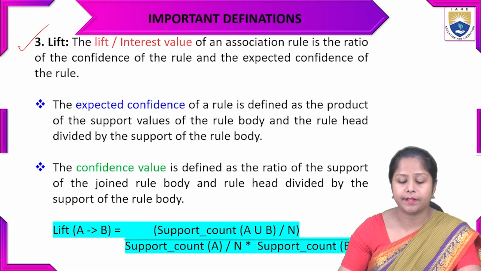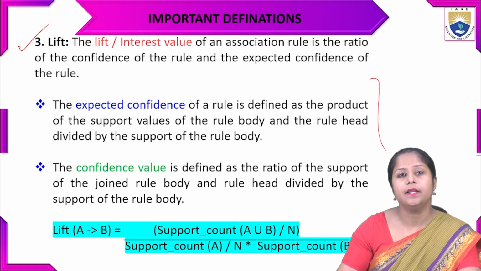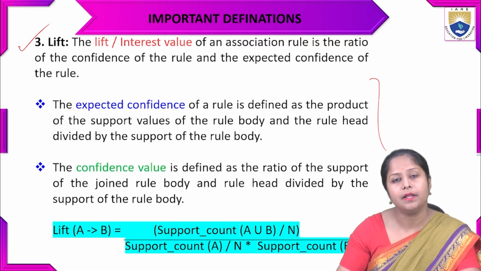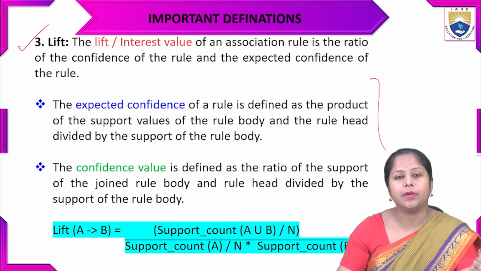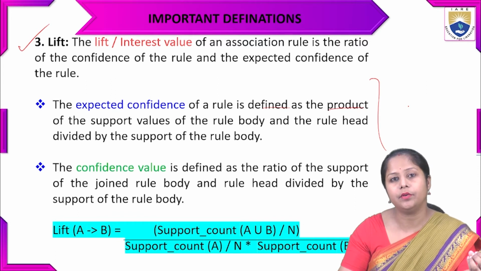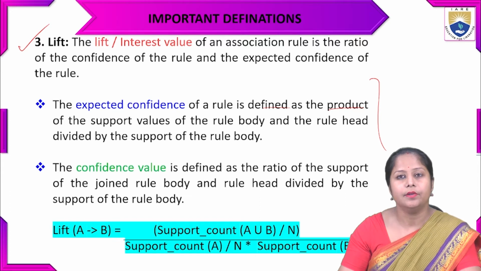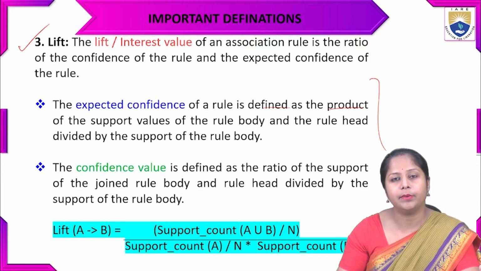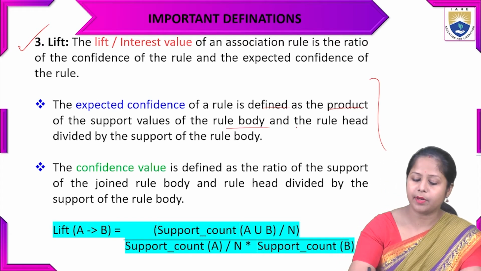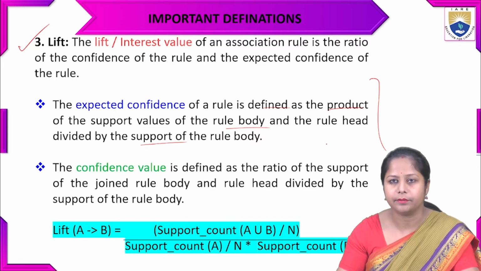The expected confidence of a rule is nothing but the product of the support values. We have to multiply both of the support values, that is the support value multiplication for the rule body and the rule head.